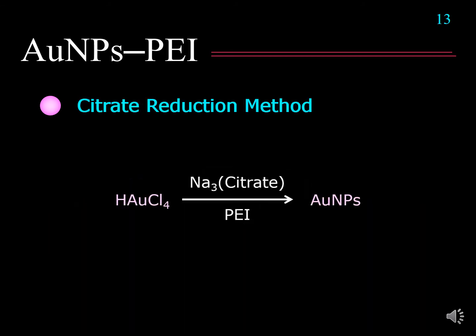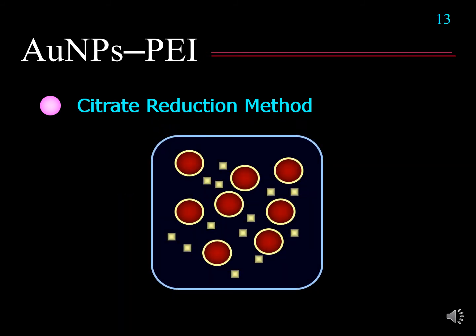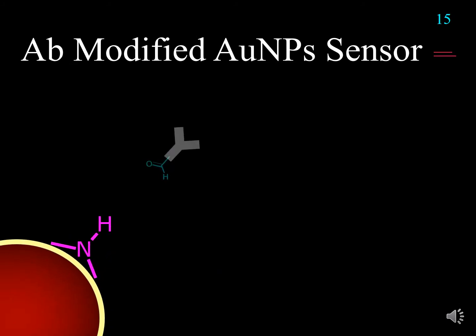Starting from a very simple citrate reduction method, after we have gold nanoparticles, we just mix with the PEI, and then by dialysis, the citrate ion, which is very small, can be dialyzed out of the dialysis bag, and our gold nanoparticle is now coated with the PEI.